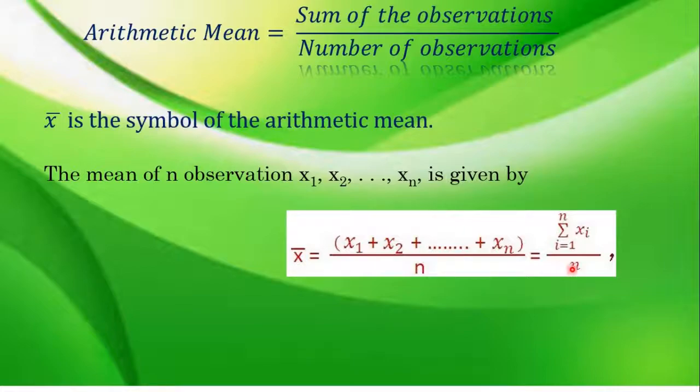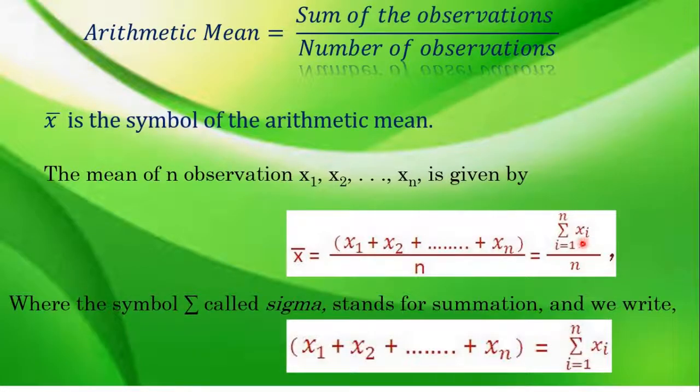The same thing is written in another way. We can read this as sigma i from 1 to n, xi, divided by n. You can identify that the denominator remains the same, n itself, but the change is for the numerator.